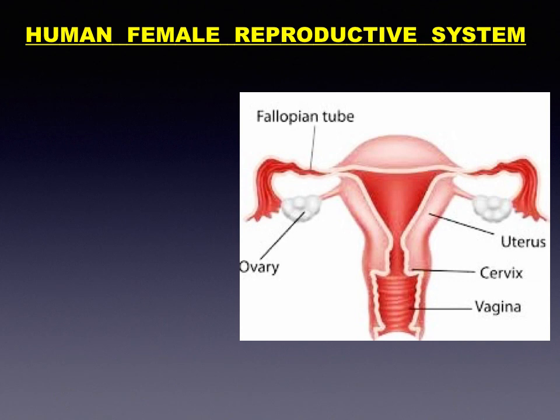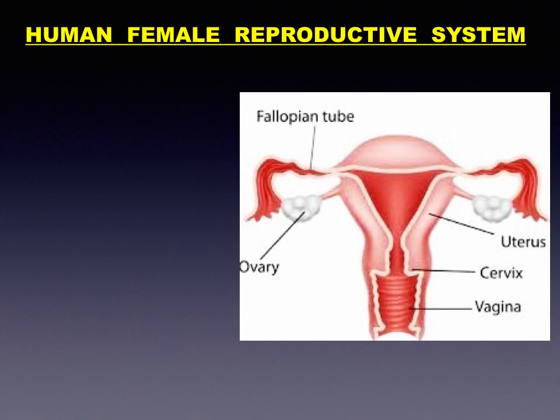The fallopian tubes, that is, uterine tubes, conduct ova to the uterus. The uterus connects through the cervical canal with the vagina. The vagina opens into the vulva, and the vagina always contains acidic fluid.